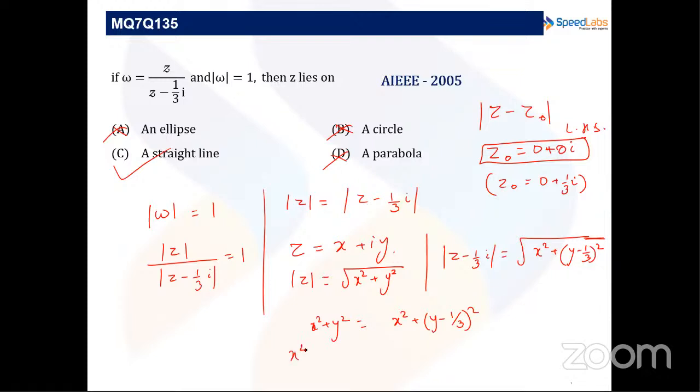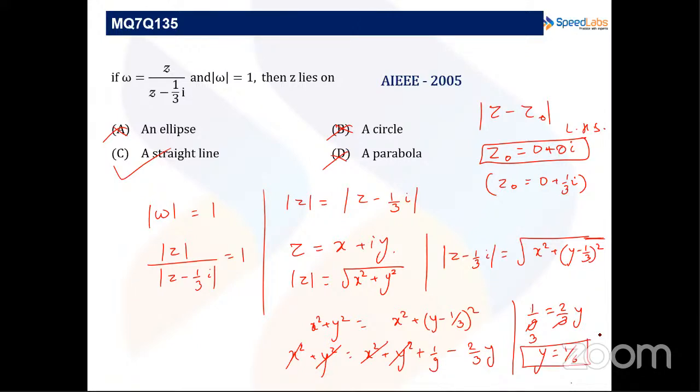Now on simplifying, we get x squared plus y squared plus 1/9 minus 2/3 y. So we get 1/9 equals 2/3 y, so y equals 1/6.